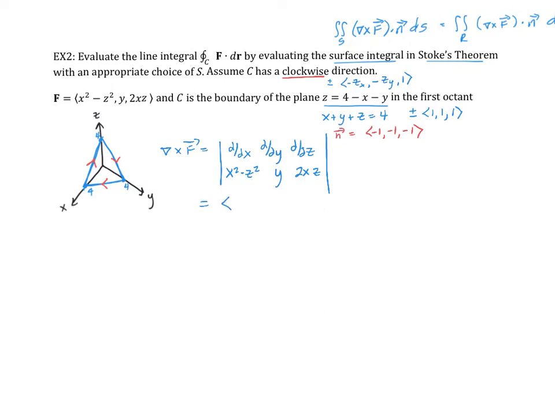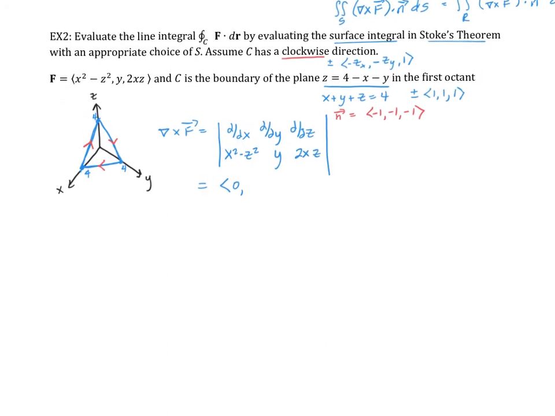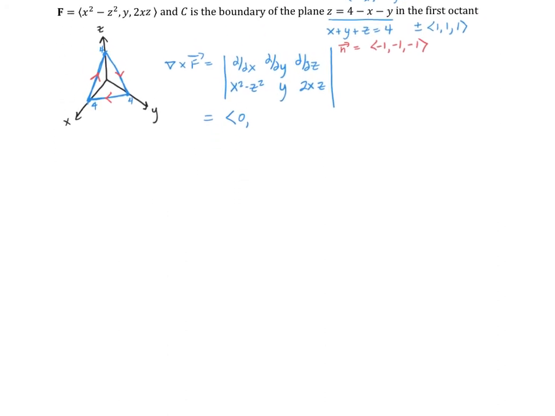Looks like that's going to be 0 minus 2z plus 2z minus 4z, and 0. So I have n, I have the curl of F. The only problem with my integral is I don't know how to describe this surface. But I do have my vectors, and I can dot them now if I wish. I'm not going to, though.